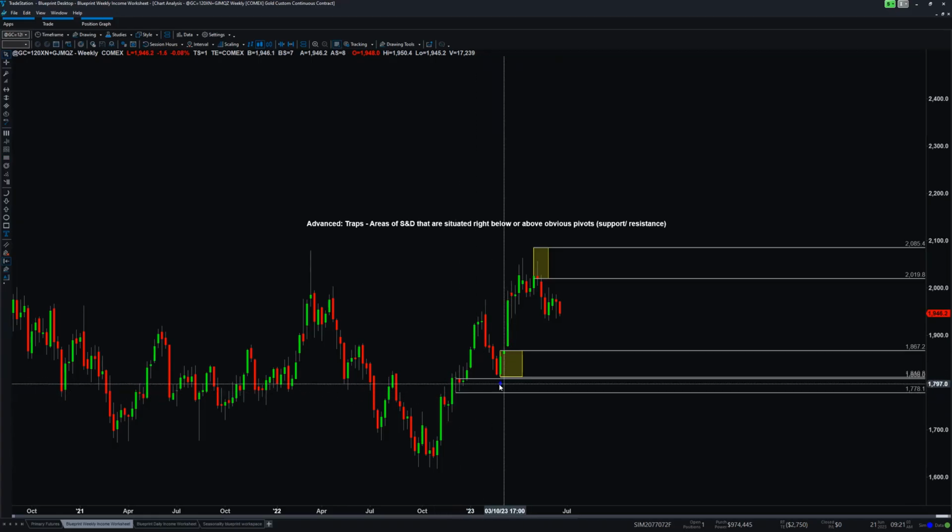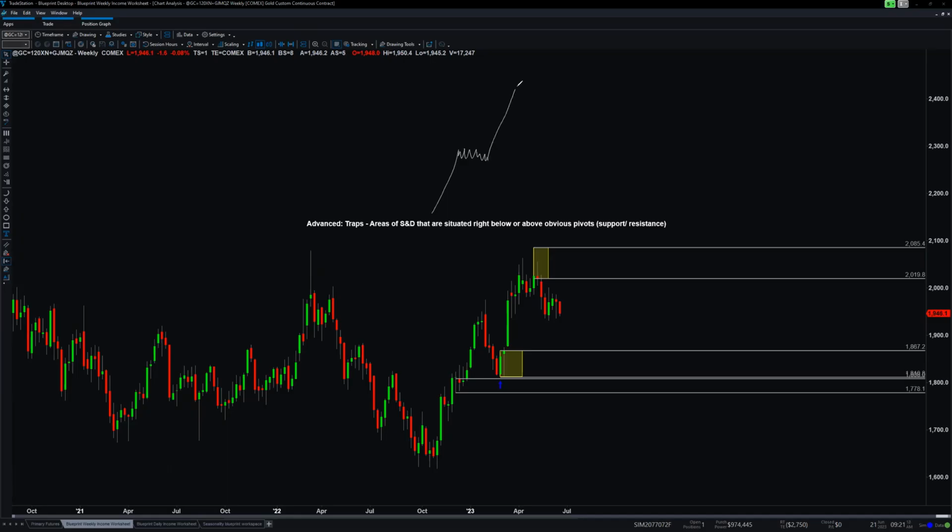But what's interesting about these trap areas is the following, and you really want to note this down. Let's say right here, what we're looking at is kind of this picture. Right? So we're like, hey, this is the first obvious demand, right? It's so obvious.